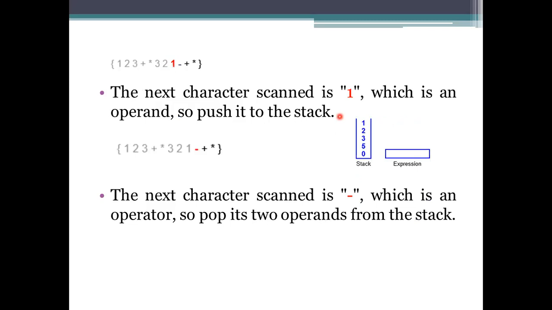If you place 1 minus 2, it will become minus 1, which is not the correct representation. So the operand 2 is used first, at the left hand side, and then 1 at the right hand side.